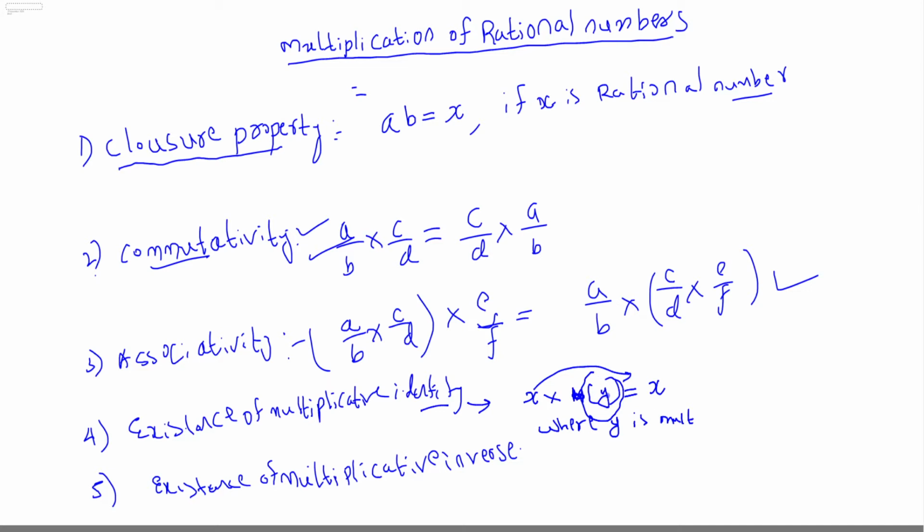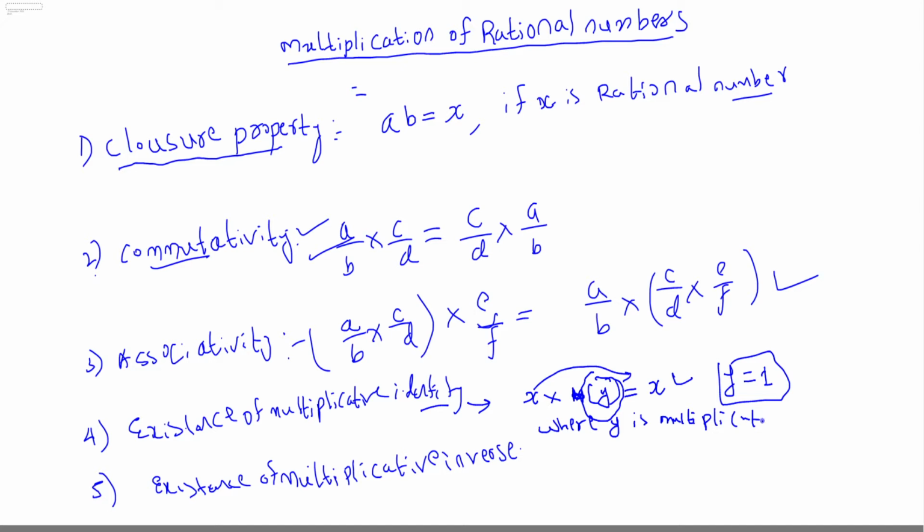When we multiply any rational number with this y, we get x again. Therefore, y is equal to 1.